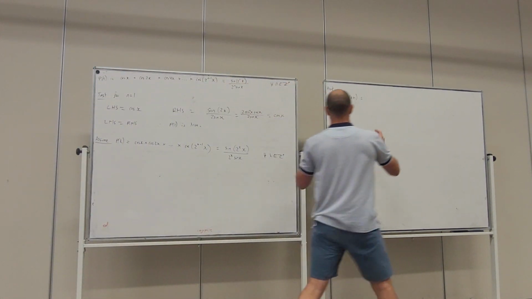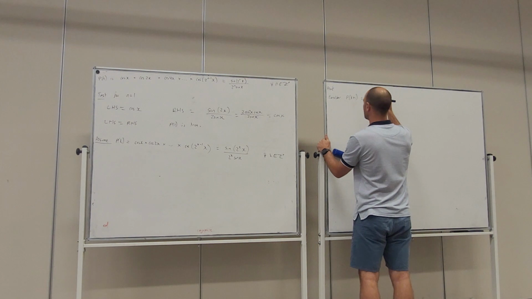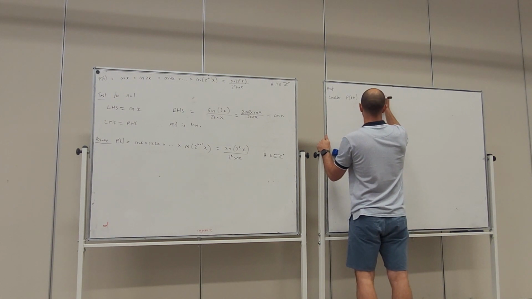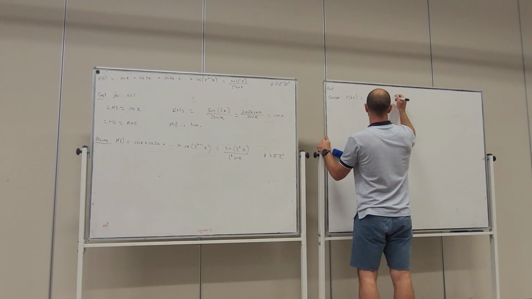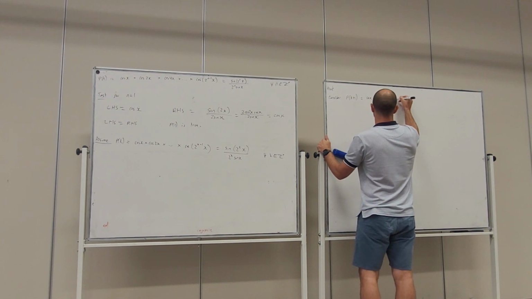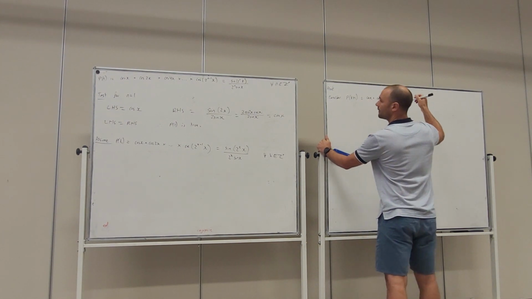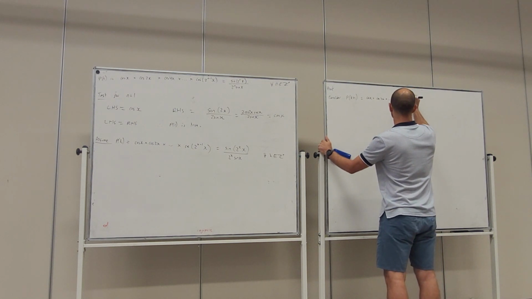We've got P of k plus 1, which will be, write it down, cos of x. Two k take 1 x.